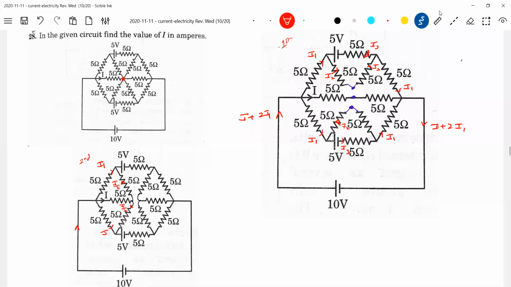And here I1. So how much current in this region? I1 plus I by 2. Here I1 plus I by 2. And that current will take like this, I1. This is I by 2.